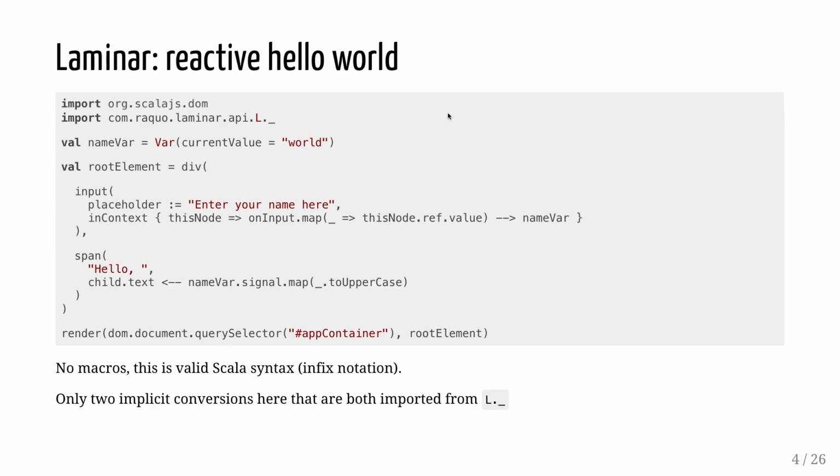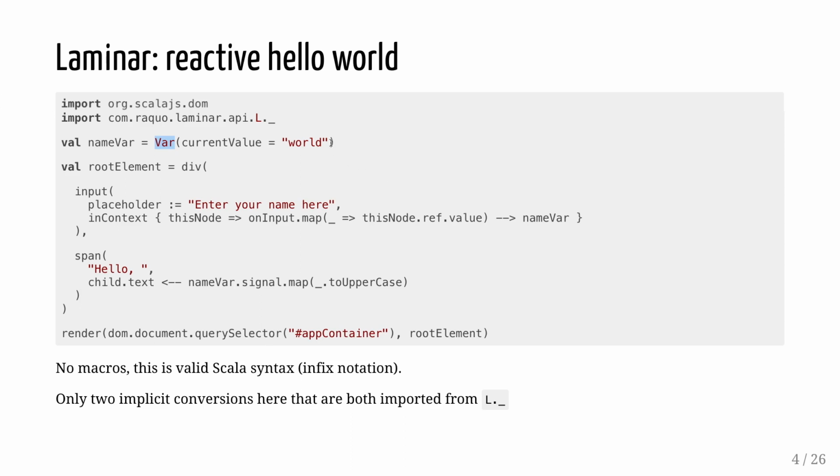I have upgraded our static Hello World application so that when you type your name into the input element, the application actually prints it back to you, character by character, live as you type. To do this, we create a reactive variable, Var, to represent the state, the current name that the application should print.